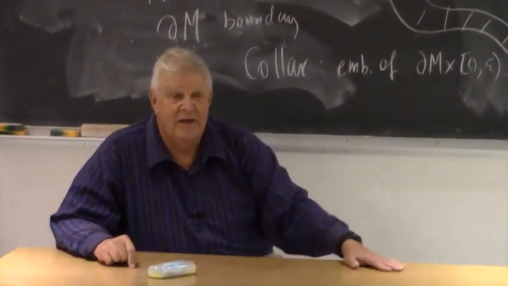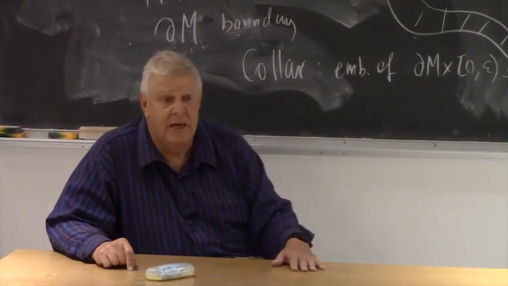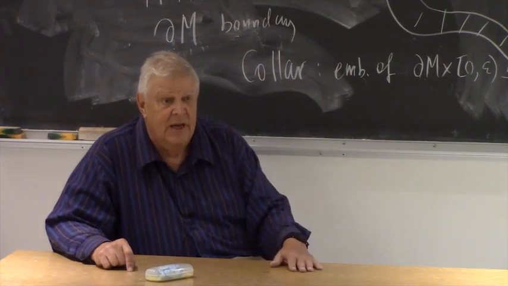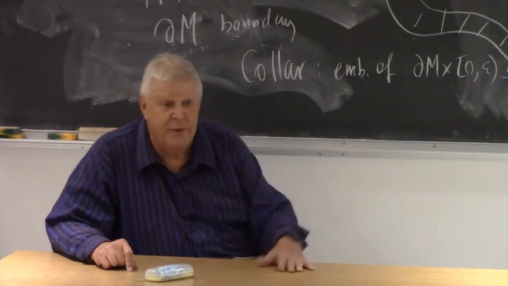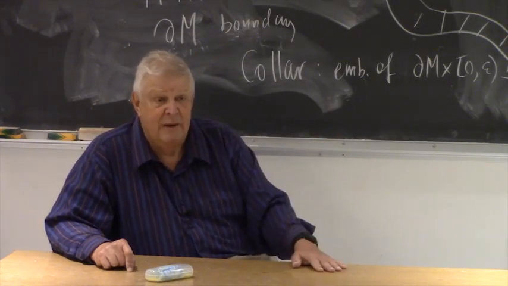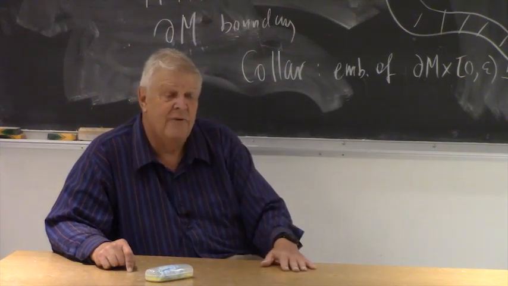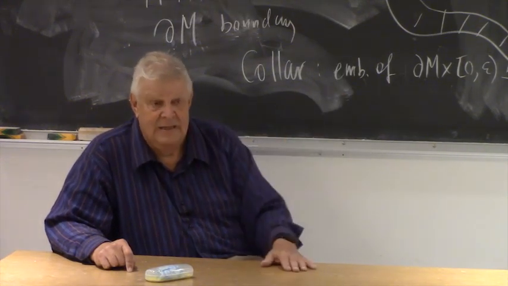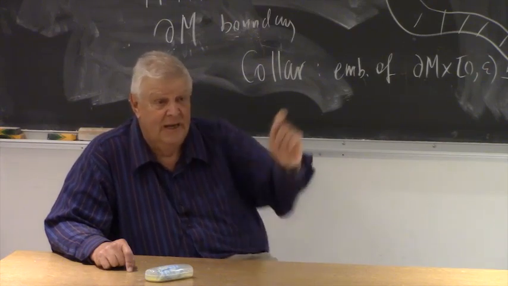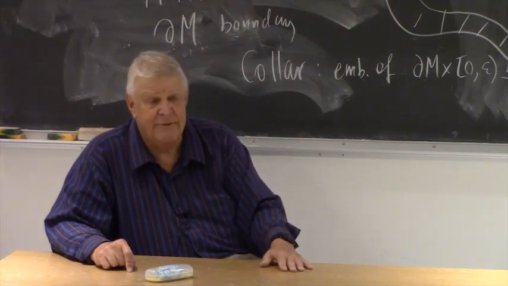What about this definition? Do you accept it? So a collar is this thing. Simply we take an embedding of dM times 0 epsilon, and it is clear from my picture that dM times 0 is mapped by the identity map onto dM. For every point in dM, I fix some curve starting at this point, looking inside the manifold, transverse to the boundary.